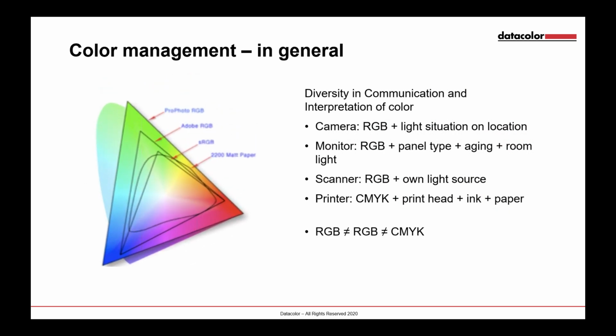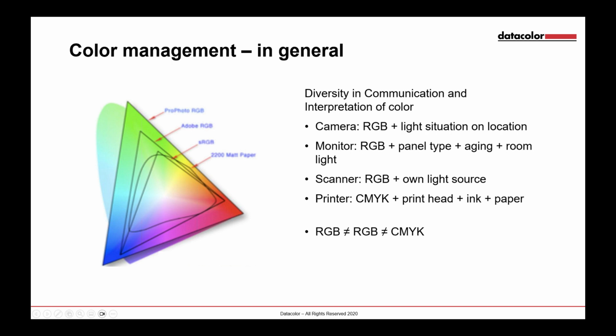A few words about color management. Color management is, in general, something that depends on the device and is always a little bit different. A camera works in RGB color space, but on top you always have the light situation on location. So you have a lot of things which can create different colors.